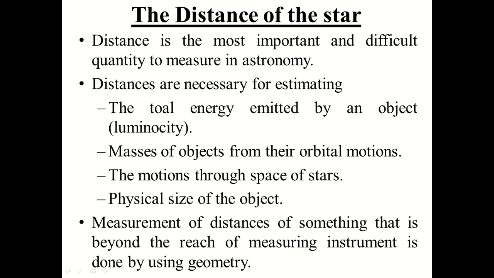As you consider in a full moon, the size of the moon and the size of the sun will appear almost the same to us, but you know that the moon is very much smaller than Earth, and the sun is actually 100 times bigger than the size of Earth. So when you compare the size of the moon and the sun, the sun is very big and the moon is a very small object, but to us it appears that the moon and sun are of comparable sizes.